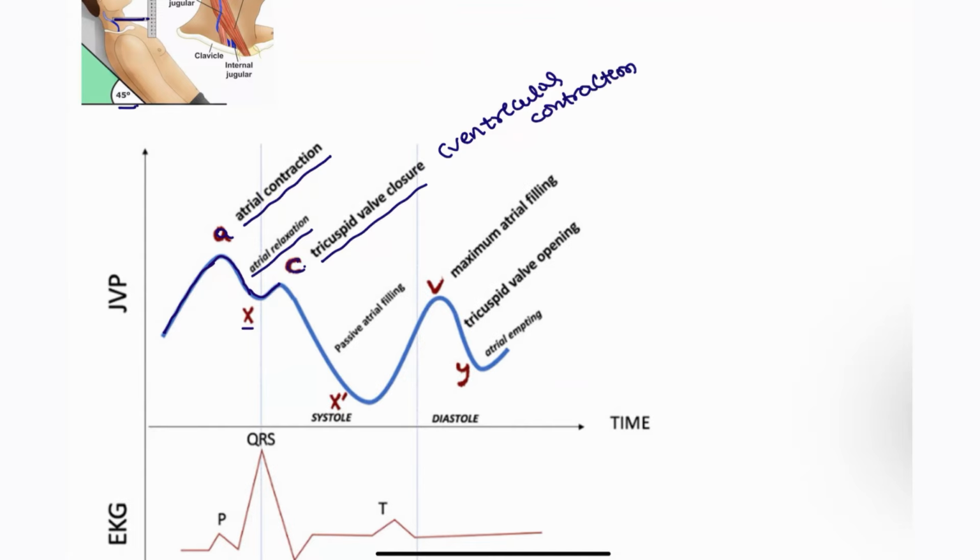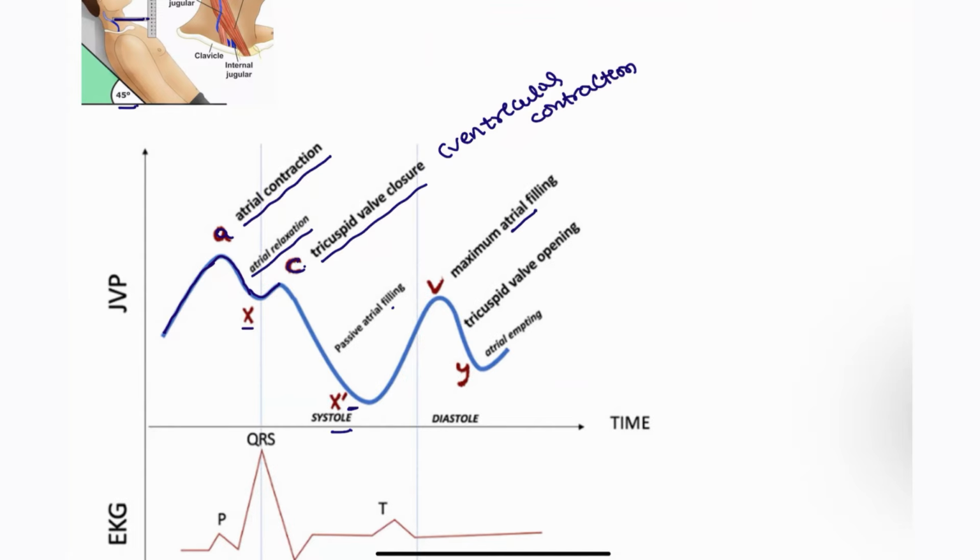Then again there will be passive atrial filling, right? Once the valve is open, it is going to fill. This is the X naught we are going to see. This is the systolic phase. After that, there will be maximum atrial filling. How will the atria be filled? From the coronary sinus, from the inferior vena cava and superior vena cava, all the filling will be coming.